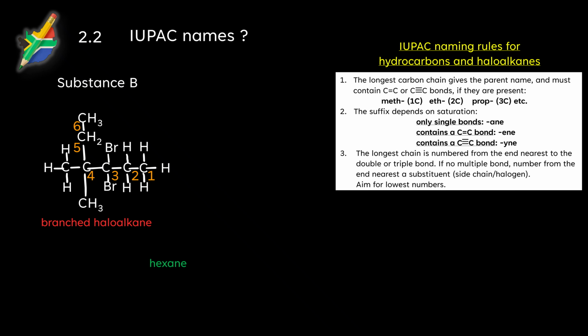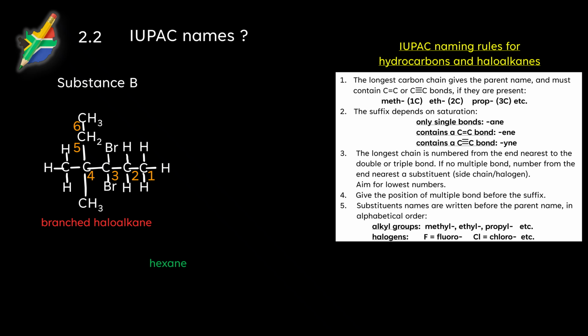Instead, we number it like this, so that they are on carbon number 3. If a multiple bond exists, we would number it before the suffix name, but there are no multiple bonds in this compound. Then substituents are named before the parent name and are placed in alphabetical order. We have bromo substituents and methyl substituents, so we write bromo before methyl.